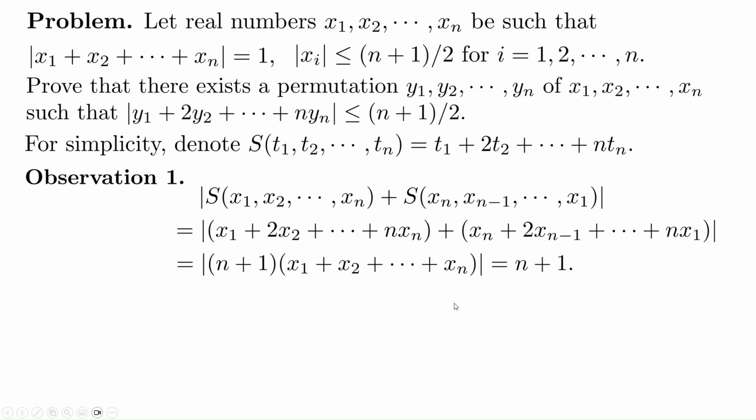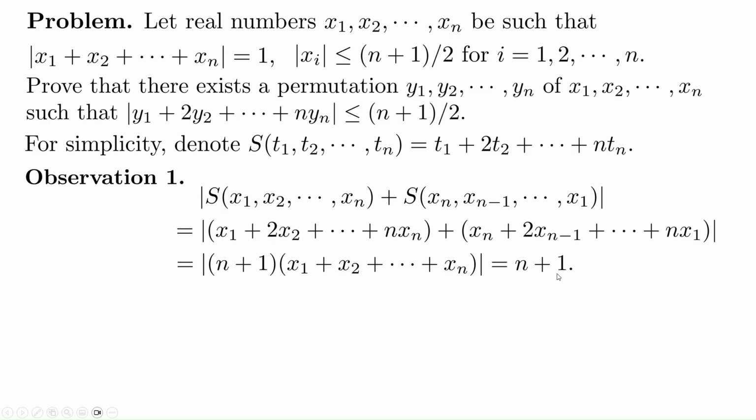Combine the terms: all the coefficients for x1, x2 to xn are n plus 1. Take it out, and we also know the sum of the n numbers in absolute value is 1. So we end up with n plus 1.